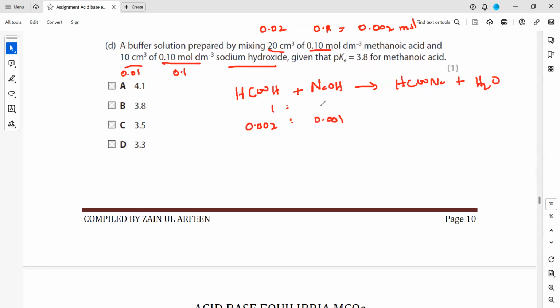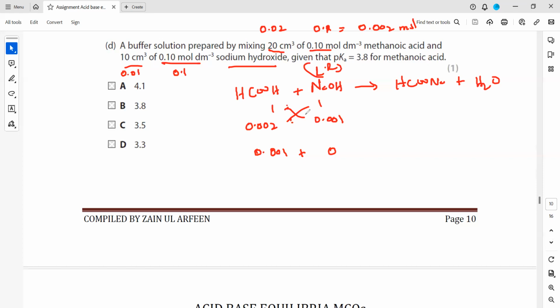So the ratio is 1:1. If the ratio is 1:1, this will be the limiting reagent. Sodium hydroxide will be completely used up. So we're left with 0 moles of sodium hydroxide. And because the ratio is 1:1, if 0.001 moles of sodium hydroxide react, how many moles will be left for methanoic acid after the reaction completes? 0.001.